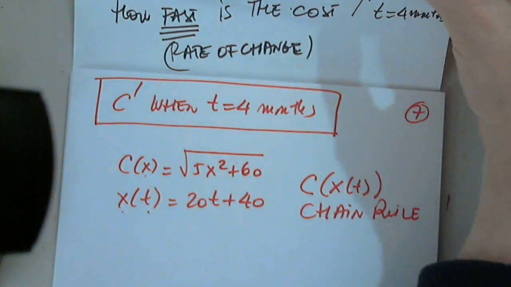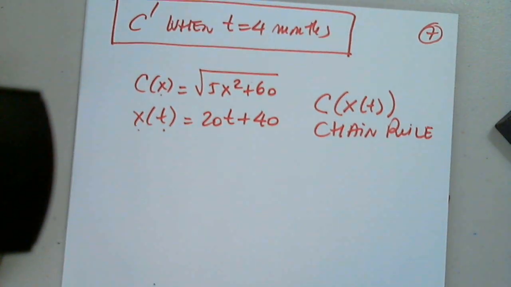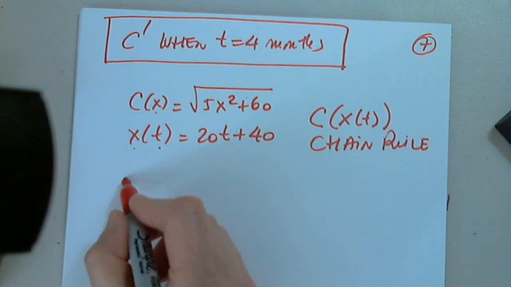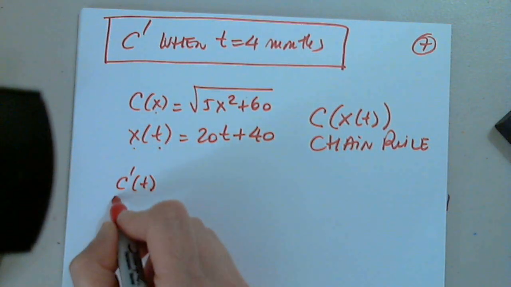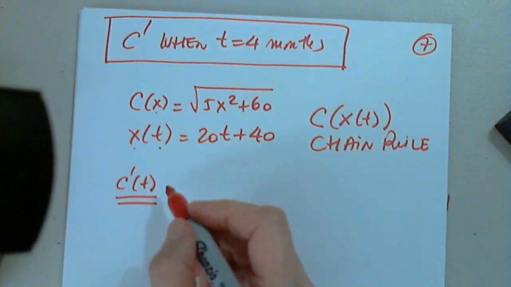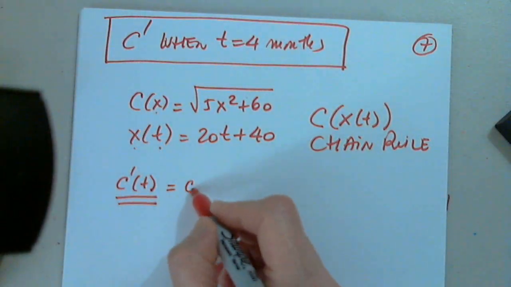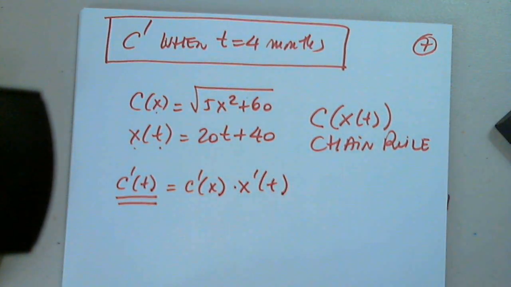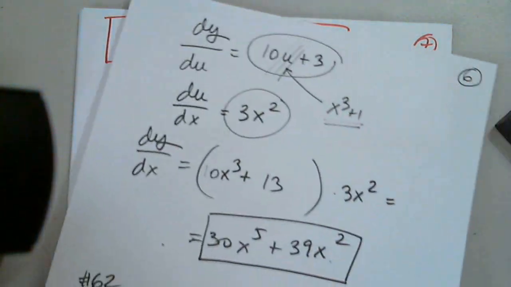So how do we start? We are asked to find c prime of t. So c prime of t will be c prime of x times x prime of t. How do I come up with this? From here.